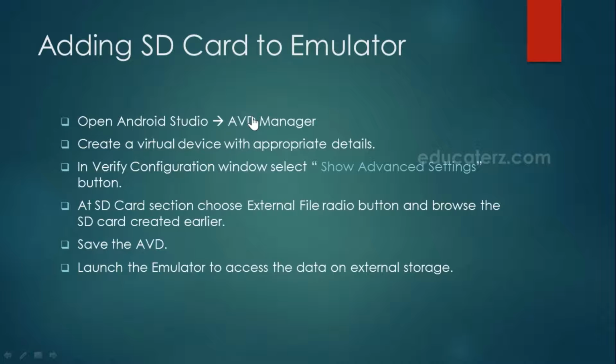For that, in Android Studio open your Android Device Manager, and in the virtual devices, to change the SD card option, go to show advanced settings, go to the SD card option, check the radio button for external storage, browse to the SD card you created earlier, and launch the emulator. Then it is available for you. So let us see the procedure one by one.